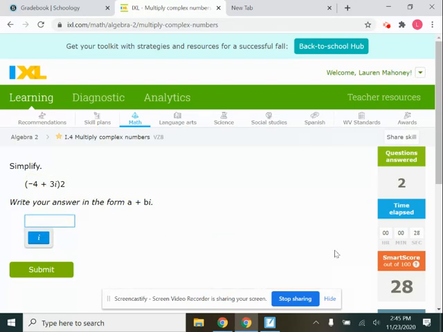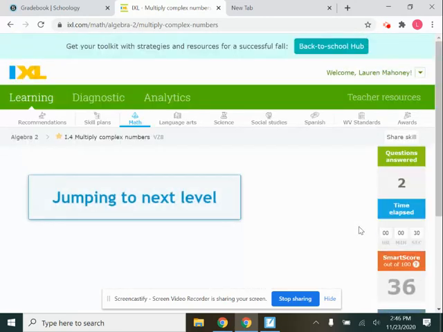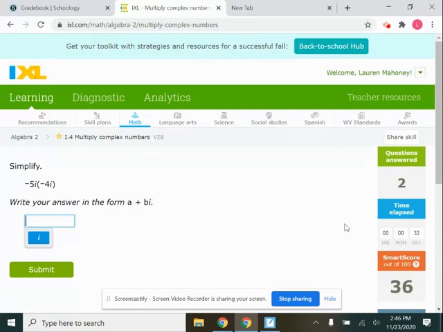This one is also distributing. This one, you would have to use the fact that i squared is equal to -1. So your -5i times your -4i is going to be a positive 20i squared. But remember, i squared is -1, so this answer is actually going to be -20.